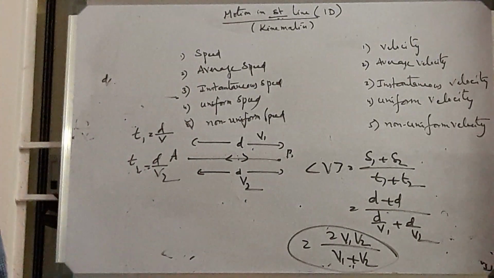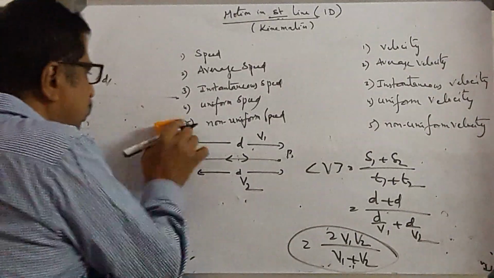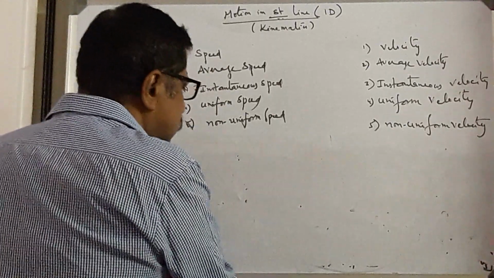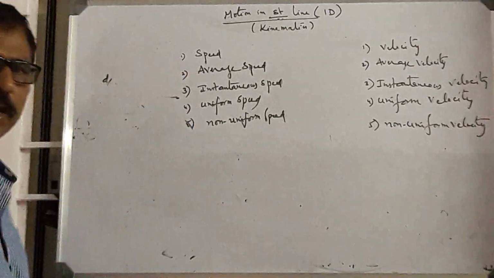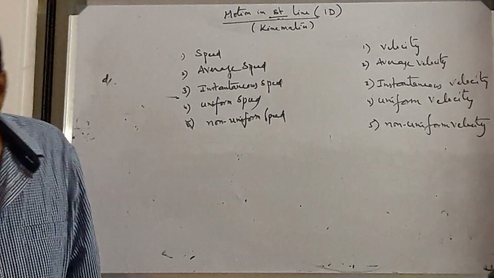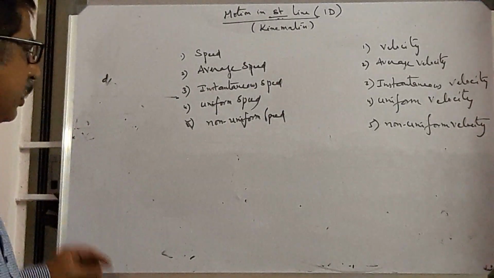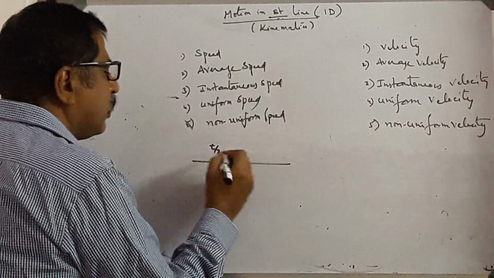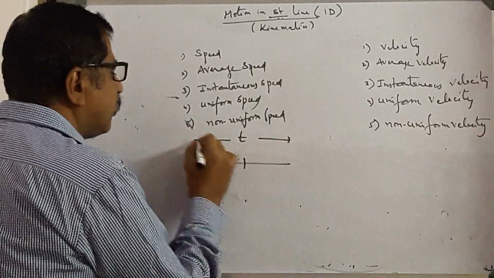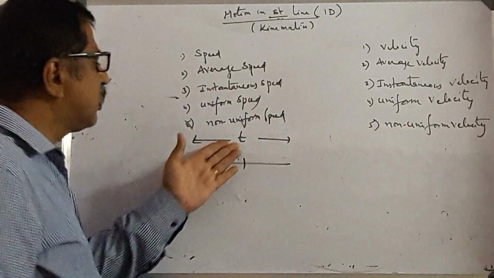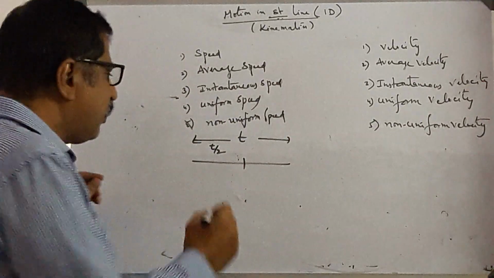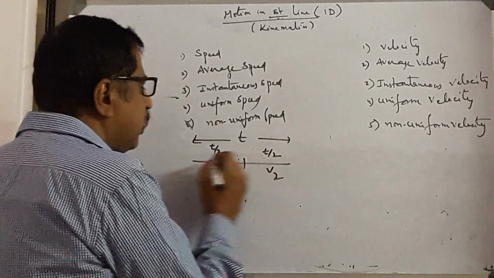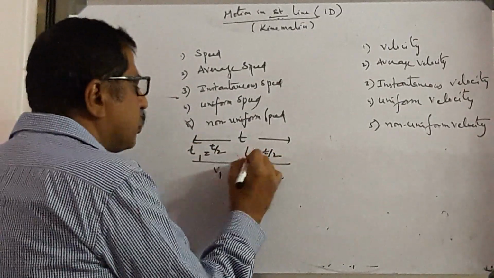Next example for average speed. Another one: if your body moves for half of the time, the total journey time is equal to t, for example. Half of the time with speed v1, another half with speed v2. It is t1, it is t2.